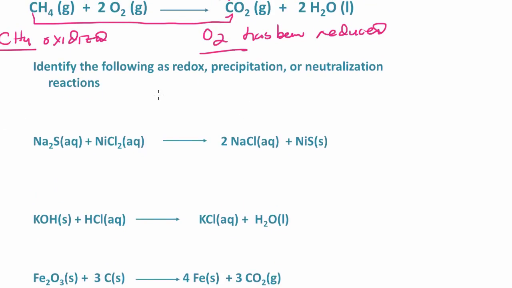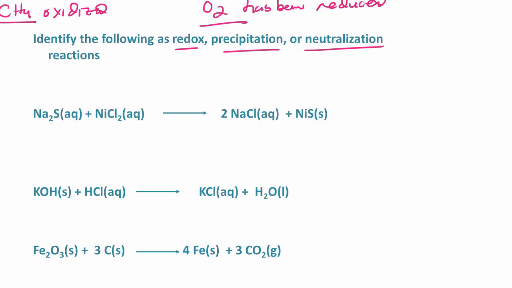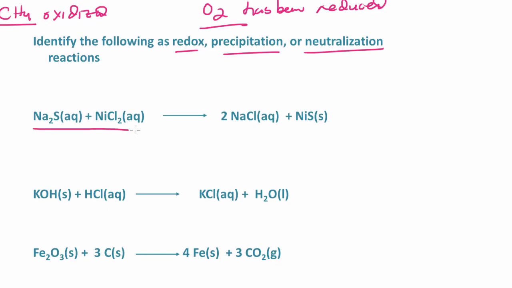So now we're asked to identify the following reactions as redox, precipitation, or neutralization. Sometimes you can have one that can be more than one type of reaction. So let's take a look here. We already know this one, sorry. This one we did.